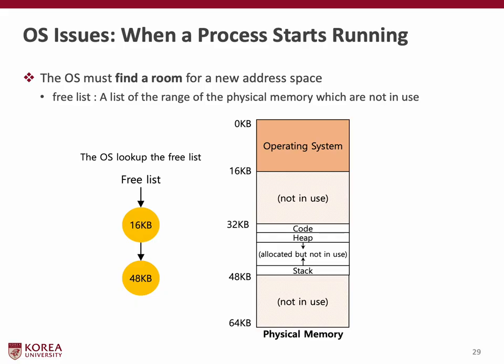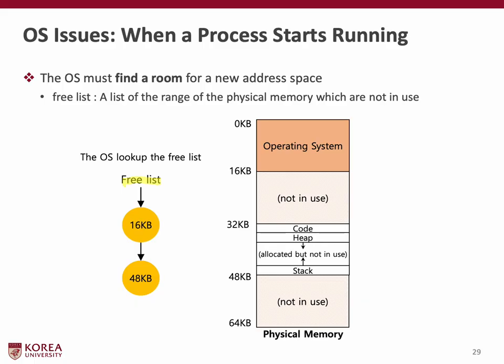Okay, then let's start with the first case, when a process begins execution. When a new process starts, the OS must find a room for its address space in physical memory. To do that, the operating system maintains a data structure called free list. That is, the free list keeps track of all memory regions that are currently not in use.